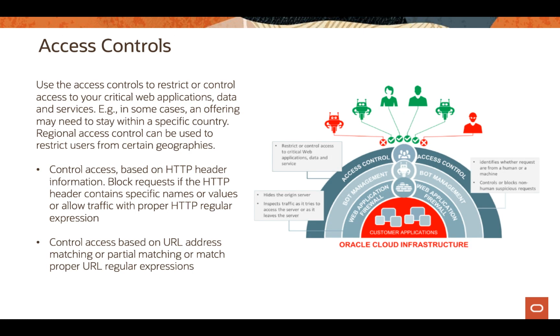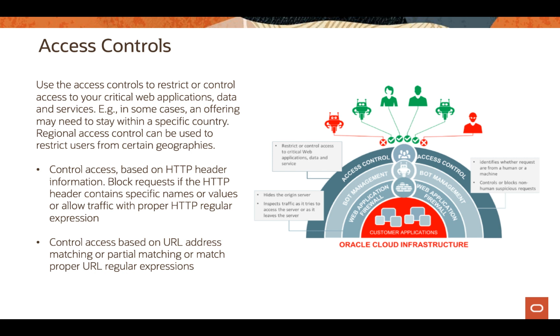So last one, you have the user access control to restrict access to your web application. As an example, regional-based access control is the ideal situation to keep your clients from accessing applications that are in a specific region. For example, you can block access from other countries.